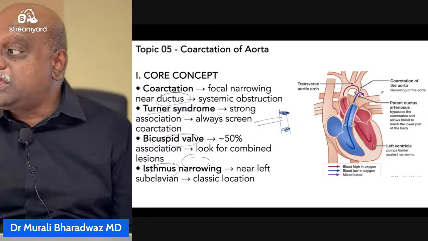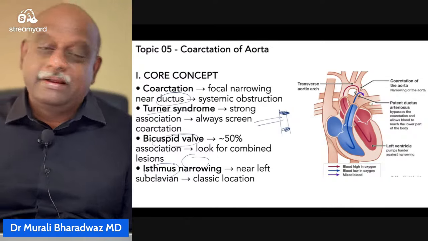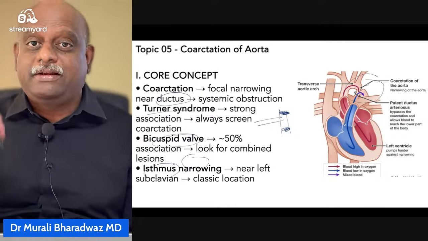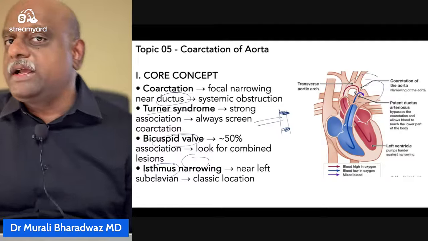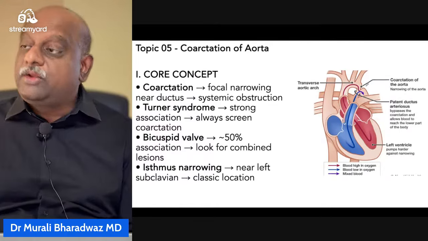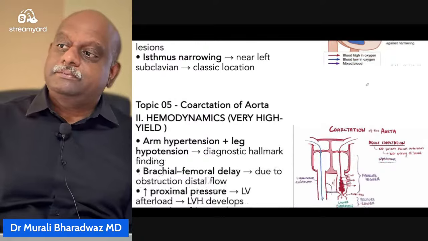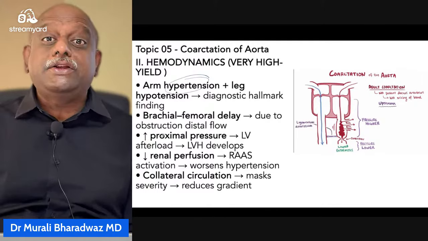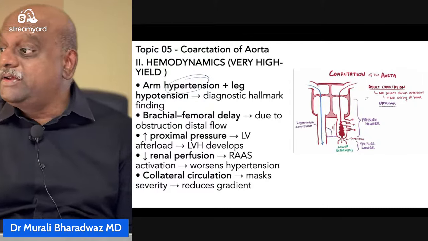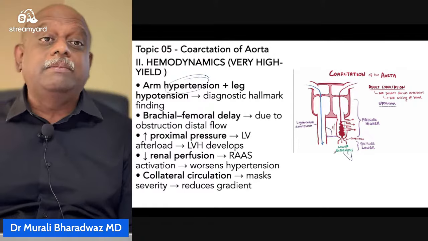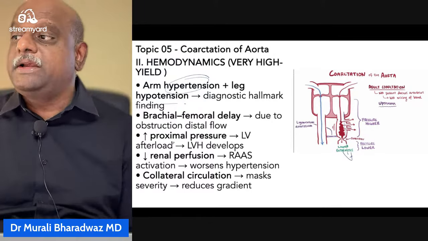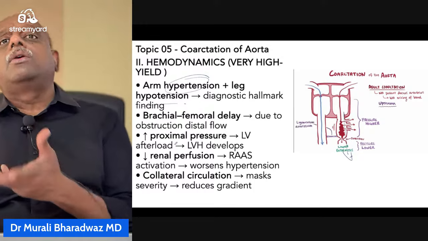Near the origin of the left subclavian is the classic location of the coarctation, is what we have to remember. Because of this, the arm develops hypertension and there is a decreased blood flow to the lower limb. That's the reason the leg develops hypotension, which is the combination diagnostic hallmark of the coarctation.